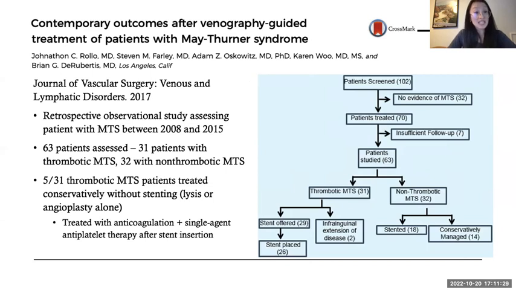Essentially, they had 63 patients, 31 with thrombotic MTS and 32 with non-thrombotic MTS. 5 of 31 patients with thrombotic MTS were treated conservatively, without stenting, and they wanted to compare the results of those patients to those who had thrombotic MTS treated with stenting. Those patients who did not receive stenting were treated with anticoagulation and single agent antiplatelet therapy. Sorry, those who did receive a stent were treated with anticoagulation and single agent antiplatelet therapy afterwards.